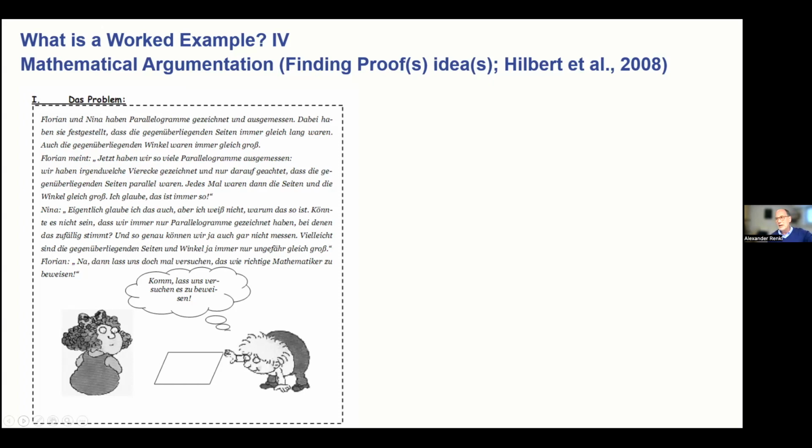What you see here is the first page of a longer, several-page worked-out example, and the heuristics for getting to a proof idea and checking it are made salient to the learner by introducing two characters, Florian and Nina. These two characters discuss with each other so that the usually covert cognitive processes can be uncovered.